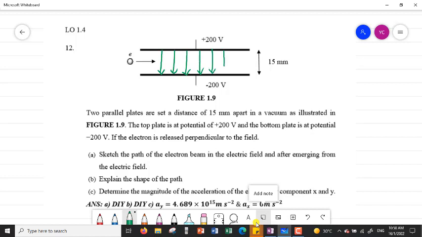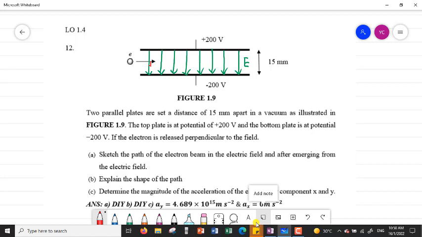Then we have an electron which is released perpendicular to the field. Perpendicular, yes, whereby our electric field line is running from the positive terminal straight downwards towards the negative terminal, but our electron is being shot from the left to the right.